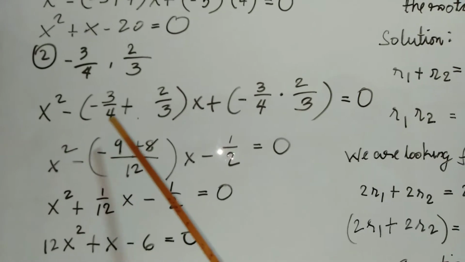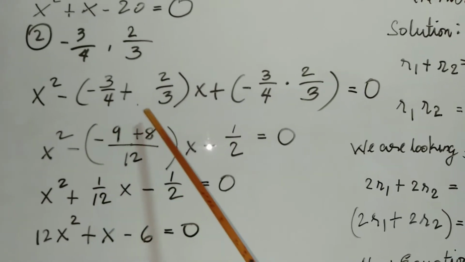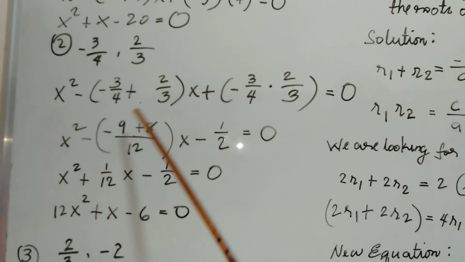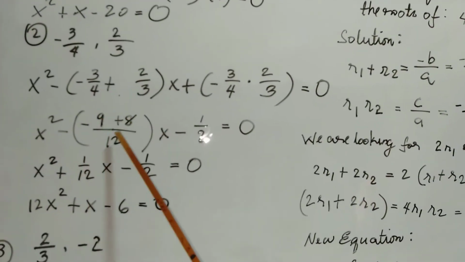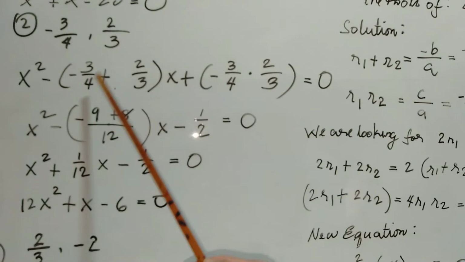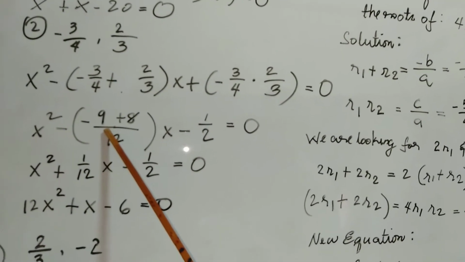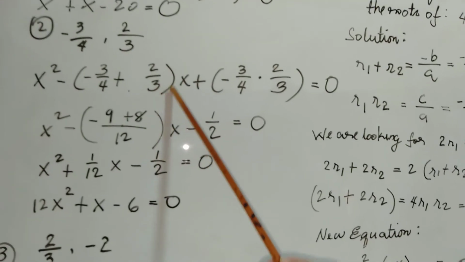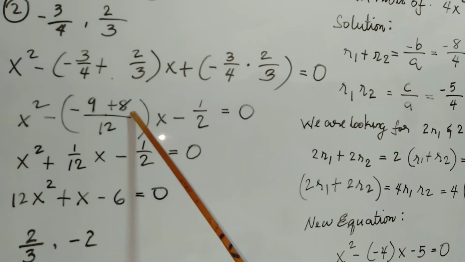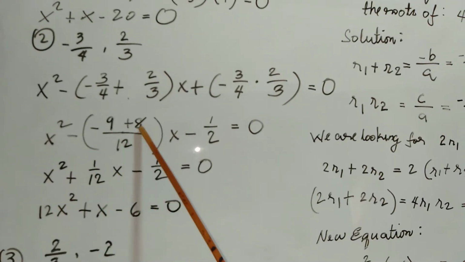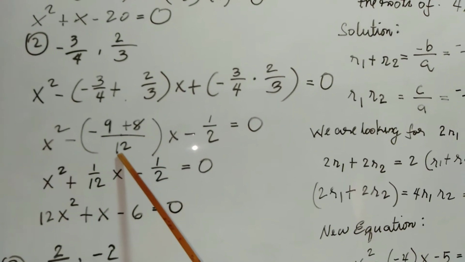Adding, we get the LCD of these two fractions, which is 12. 12 divided by 4 is 3 times -3 is -9. And 12 divided by 3 is 4 times 2 is 8. So -9 plus 8 is -1/12.